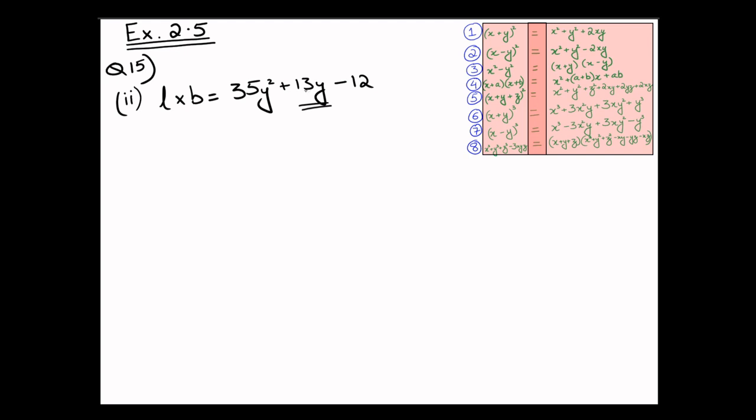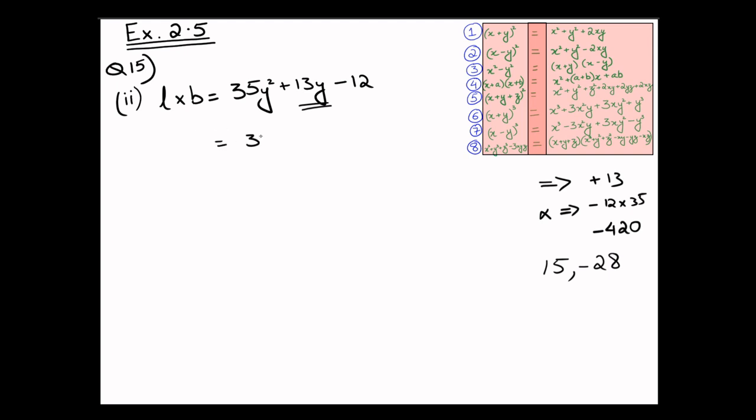Now I need to split the middle term 13y in such a way that the two numbers that I'm getting add up to plus 13 and multiply to get minus 12 into 35, which is minus 420. And the two numbers in that case would be 15 and minus 28, if I'm not wrong.